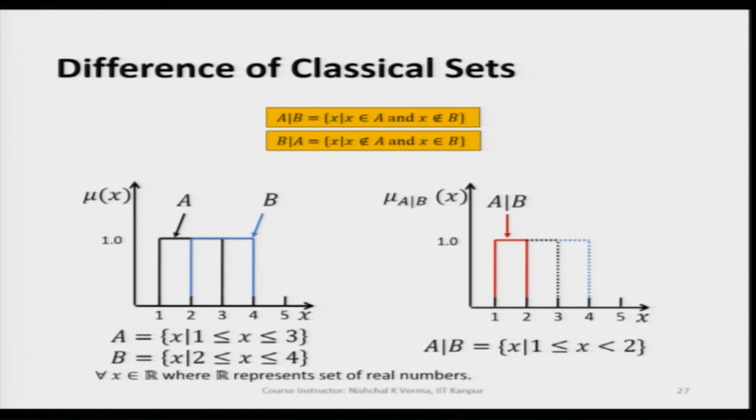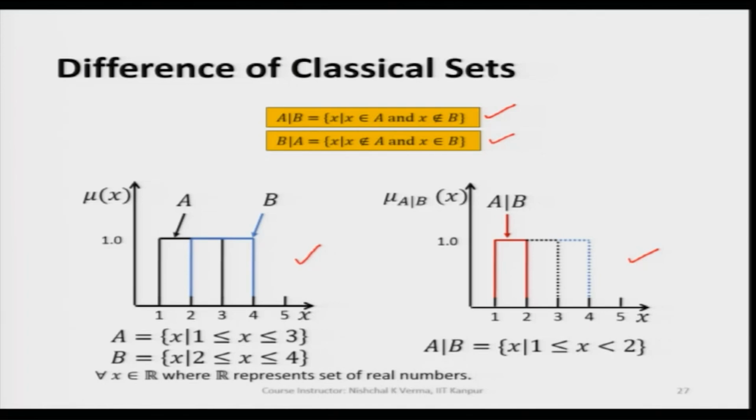If we are interested in the difference of A and B, we follow this criteria. If we are interested in finding the difference of B and A, we follow this criteria, and these diagrams will give us the difference of A and B.